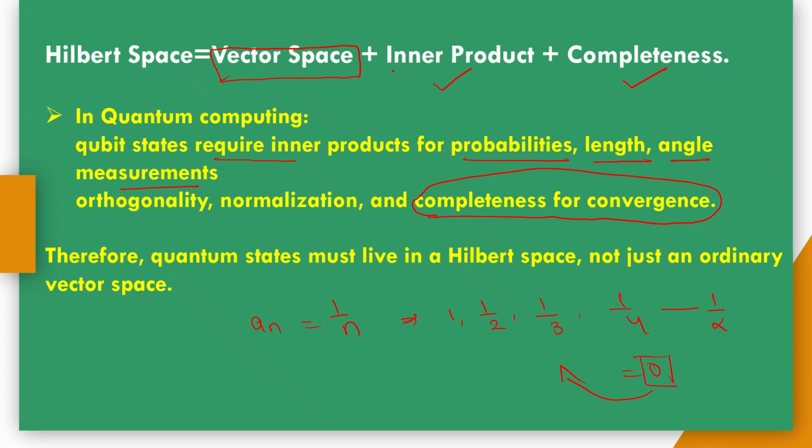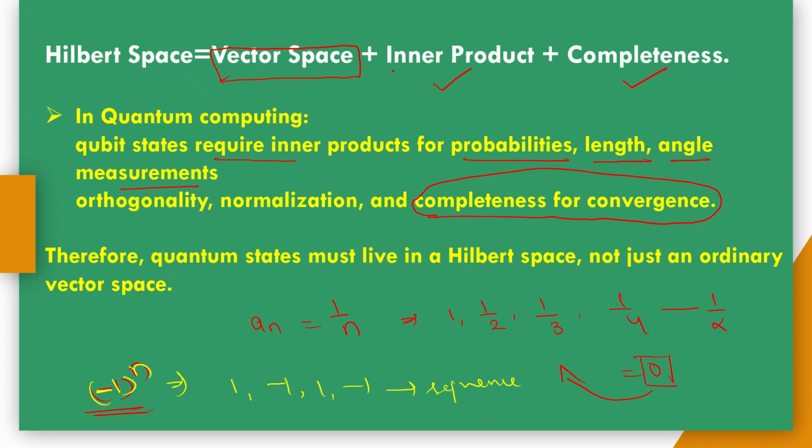Every Cauchy sequence that exists within the same space converges to a vector that also lies within the same space. That is the formula related to completeness. For example, if I take minus 1 to the power n, this is not complete because there is no end result: 1, minus 1, 1, minus 1, this is the sequence.